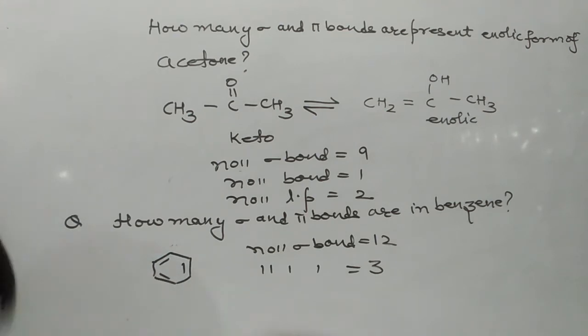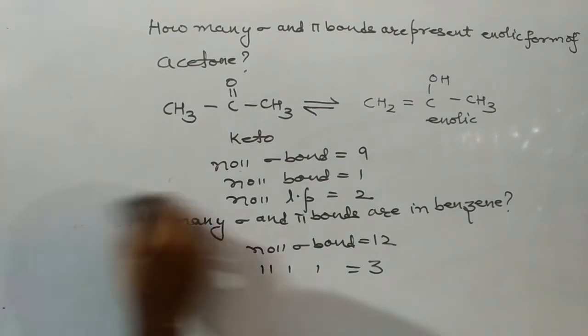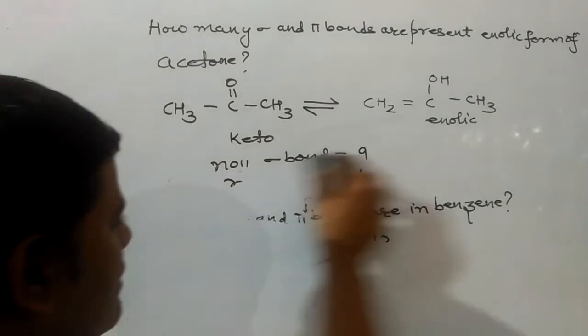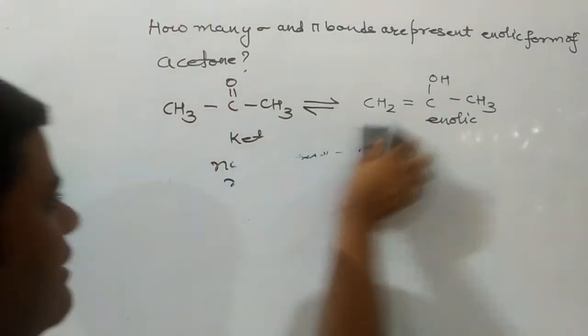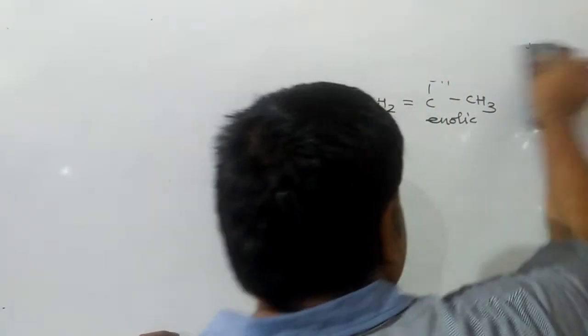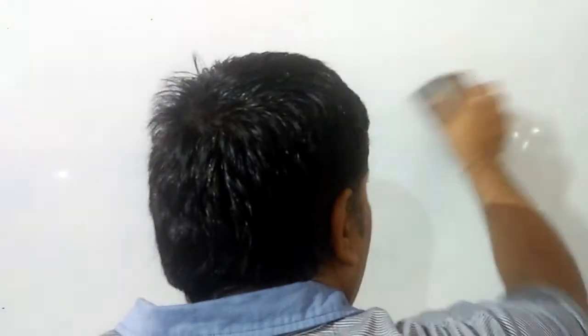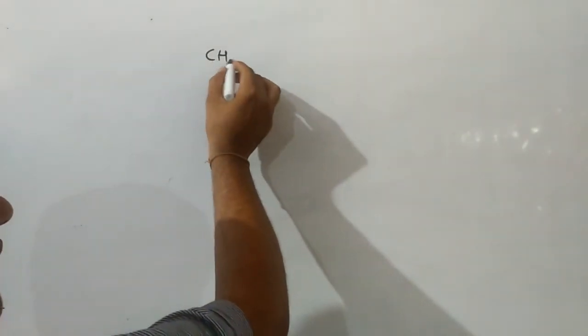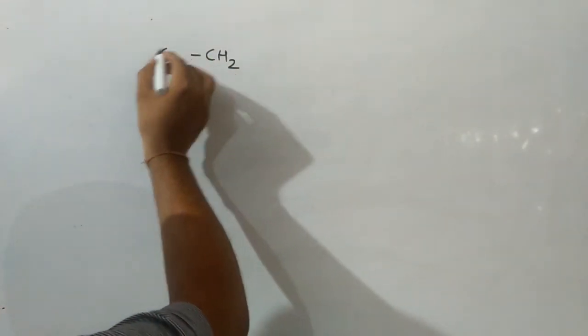Now we have to discuss the number of sigma and pi bonds in allyl cyanide. As we know, allyl means the compound in which the substituent is present on a carbon adjacent to the double bond.